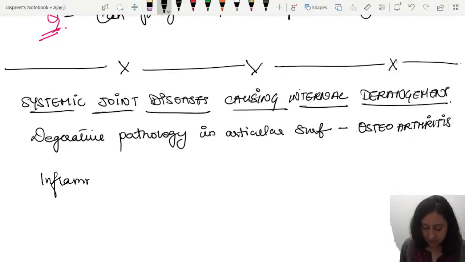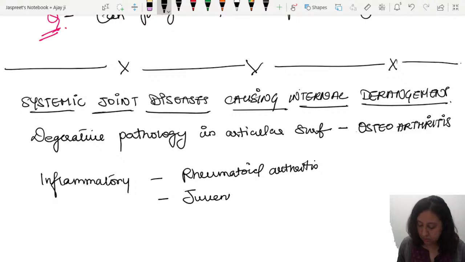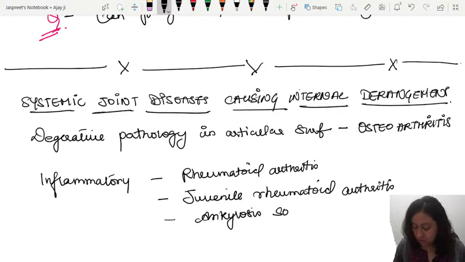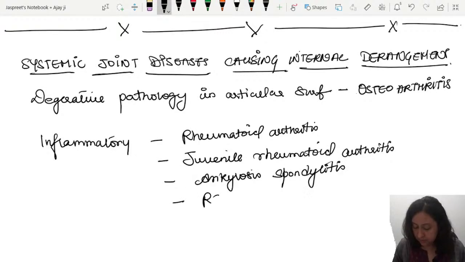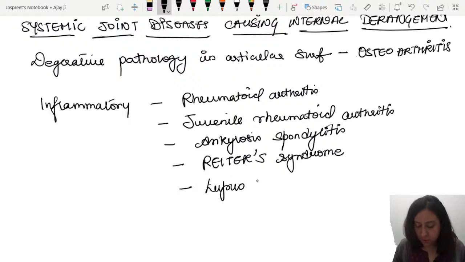Inflammatory: rheumatoid arthritis, juvenile rheumatoid arthritis, ankylosing spondylitis, Reiter's syndrome, lupus erythematosus.